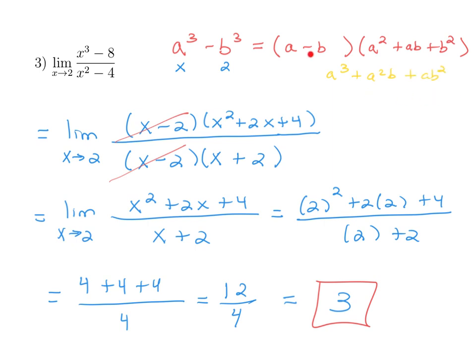Below this, I'm going to write out what you get if you multiply in a negative b. We'll have negative a squared b, negative ab squared, and then negative b cubed. So that first one was negative a squared b. I'll put that here. The second one was negative ab squared, and the last one is negative b cubed.